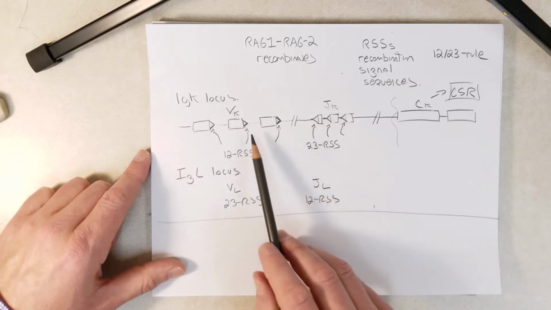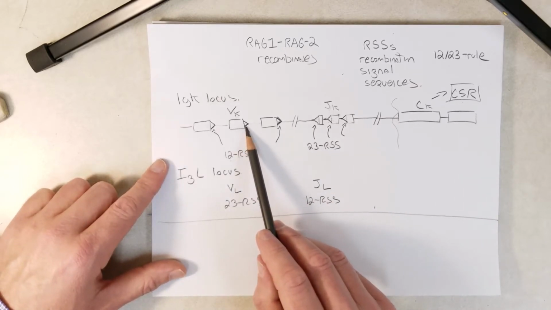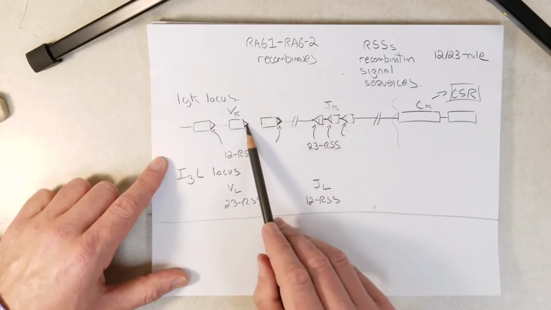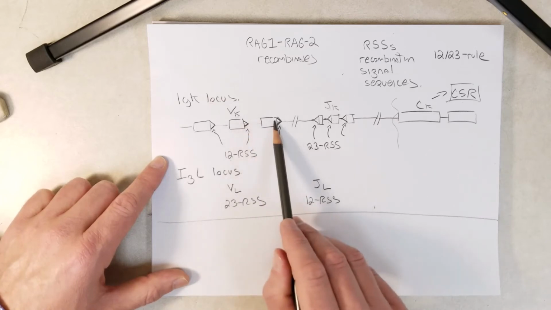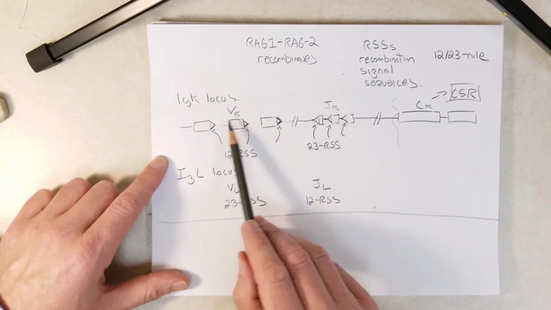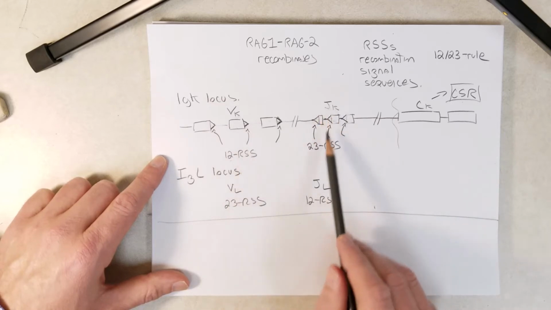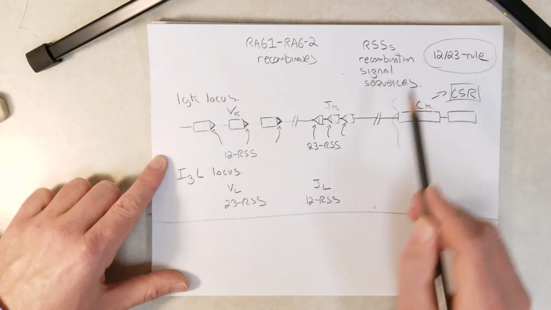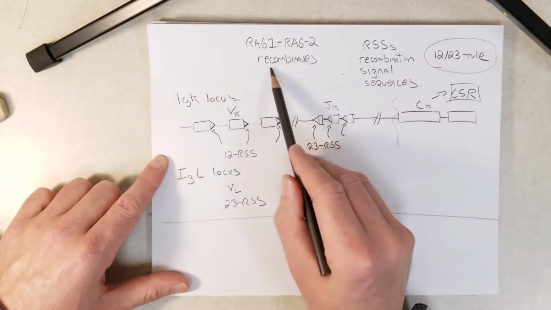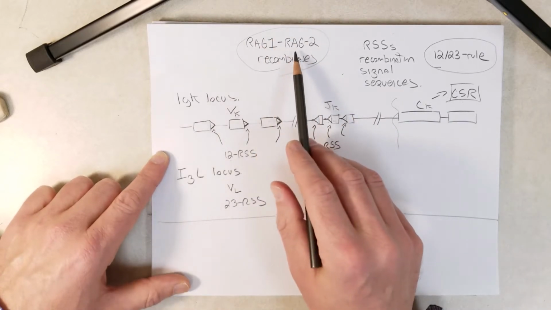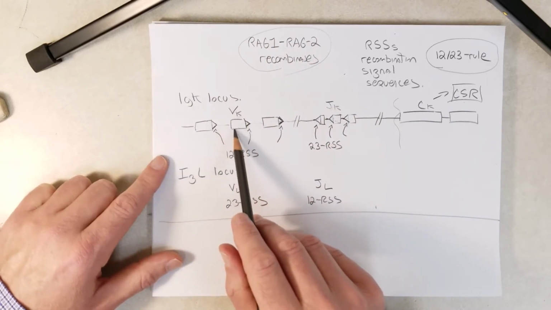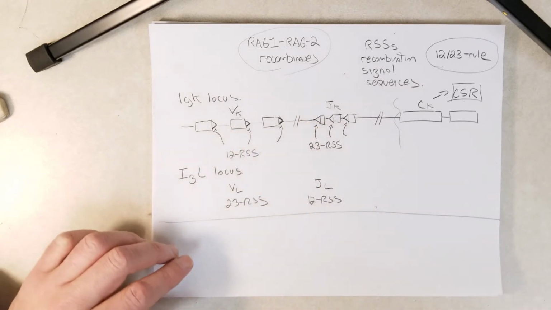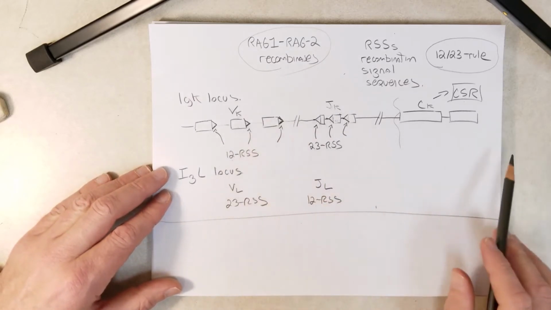More accurately, it can only fuse a sequence linked to a 12 RSS to one that is linked to a 23 RSS. That's why it can't recombine two VK segments or two JK segments, because each VK has a 12 RSS and each JK has a 23 RSS. That's the 12-23 rule. So the RAG1, RAG2 recombinases fuse one sequence that's linked to a 12 RSS to another sequence that's linked to a 23 RSS. So that's the requirement of this recombination process.